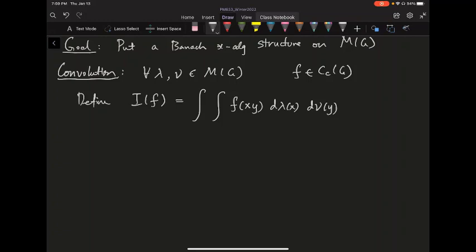So here because my function is compactly supported, whether I do d lambda of x first and d nu of y next, or d nu of y first and d lambda of x next, it doesn't really matter. Okay, so these two I can just rewrite it as d nu of y, d lambda of x. Okay, that order doesn't matter. What matters here is that the lambda one needs to correspond to the first one, okay?